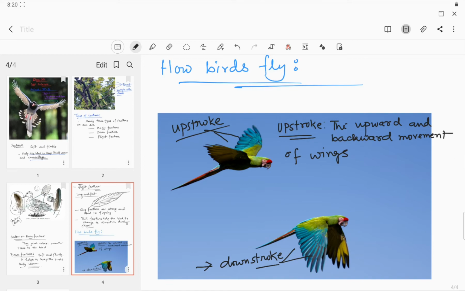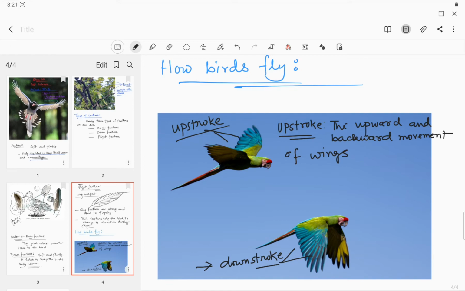Whenever a bird flaps its wings in an upward and backward manner, then that step is called upstroke, right?